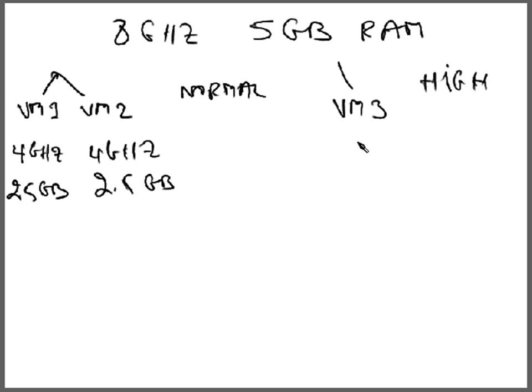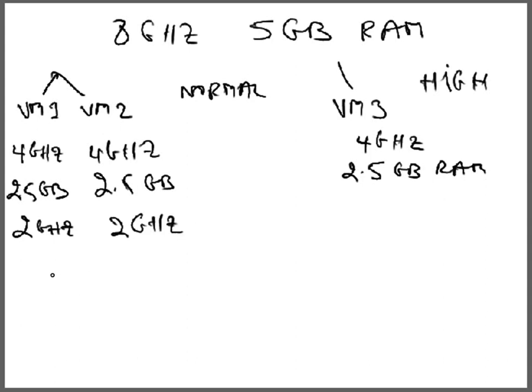VM3 is going to get 4 gigahertz of the CPU and 2.5 gig of RAM, whereas VM1 and VM2 are each going to get 2 gigahertz of CPU and 1.25 gig of RAM. So you see here in this example how the addition of a third virtual machine with high as the value set for shares greatly improves this virtual machine's access to the physical resources on this ESX host.